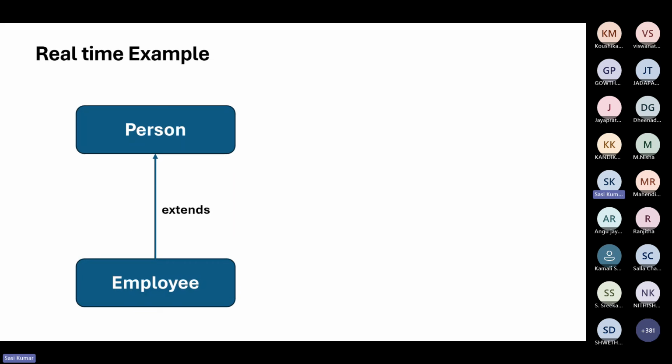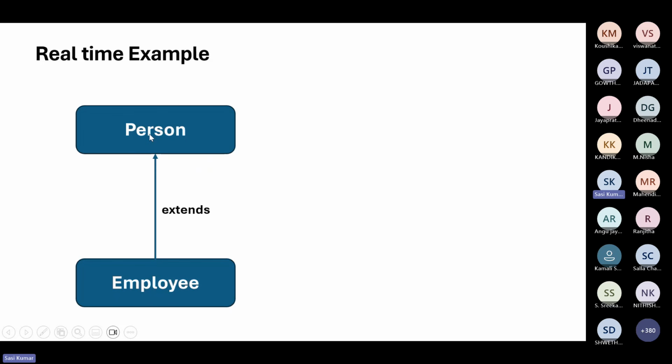So what does employee do? Employee extends. This is the technical word in Java. It is a keyword, right? Extends means this is where it is establishing the relationship with the person class. If I say class Employee extends Person, it means the employee class is the subclass.